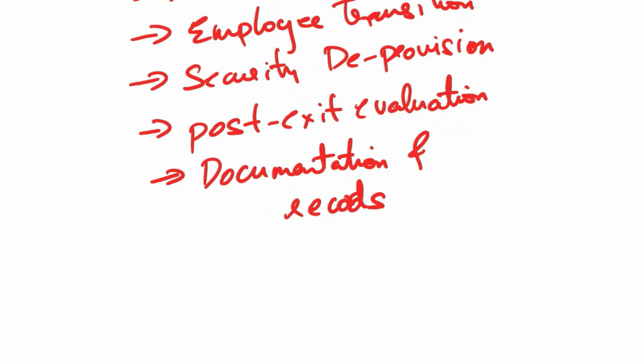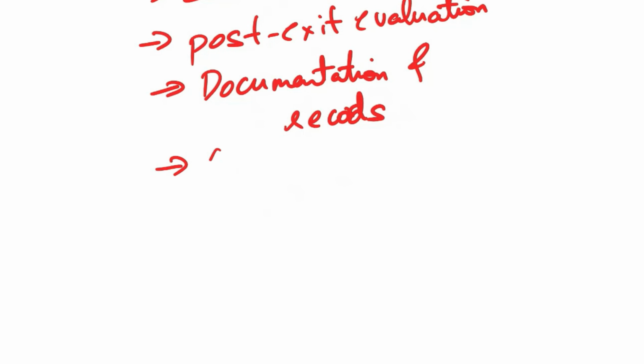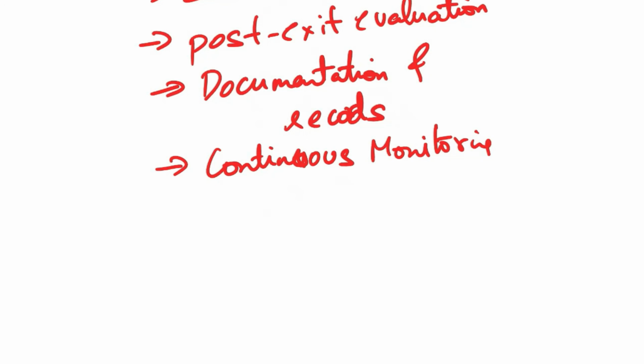This documentation is valuable for audits and future reference. Next, implement continuous monitoring of the organization's systems, data, and operations post-exit to ensure that there are no lingering issues or security concerns arising from the termination.